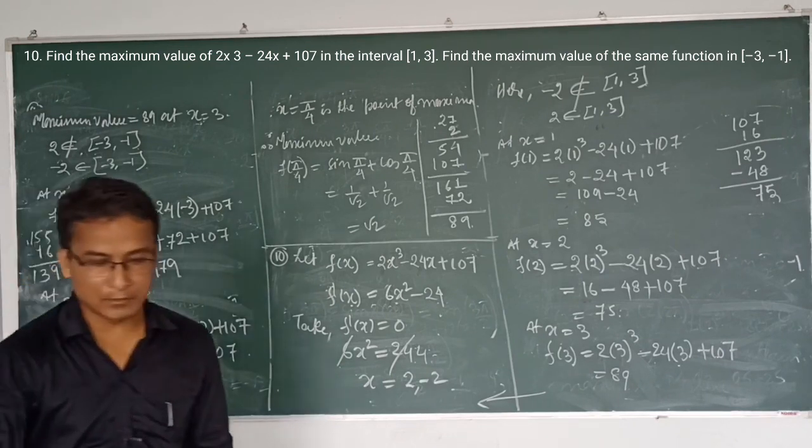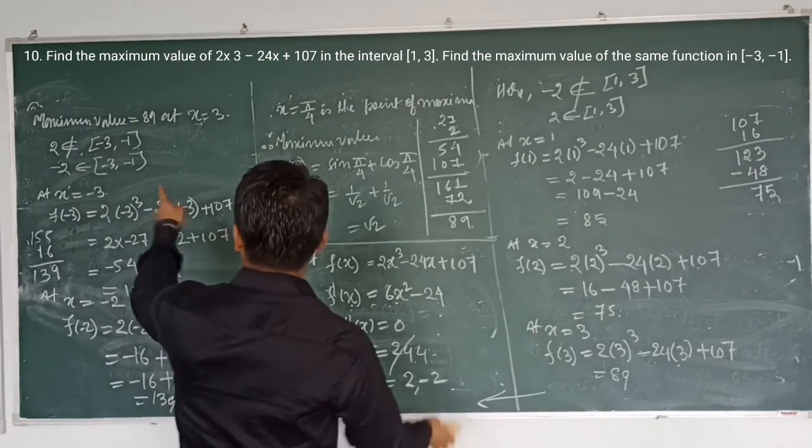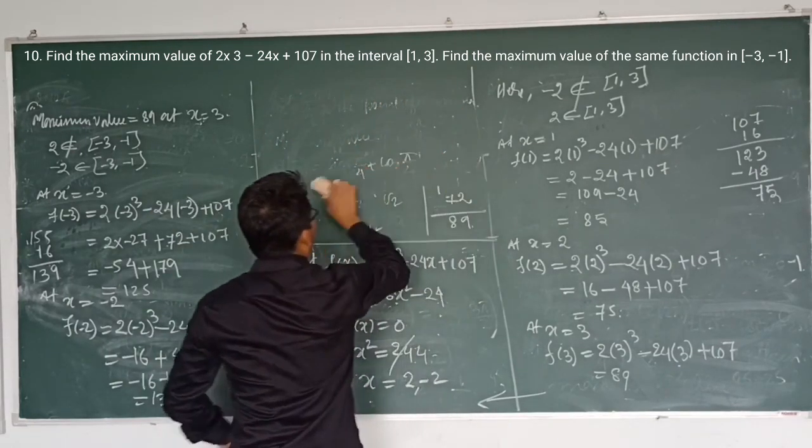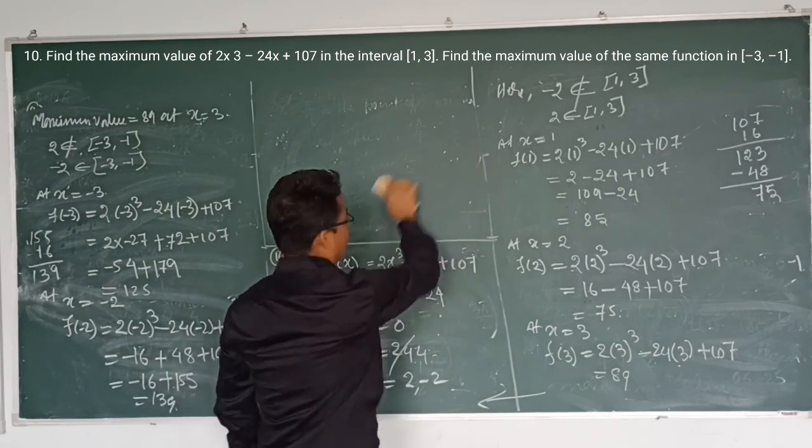So we check the other value, then what remains, minus 1 remains, okay, minus 1 remains.